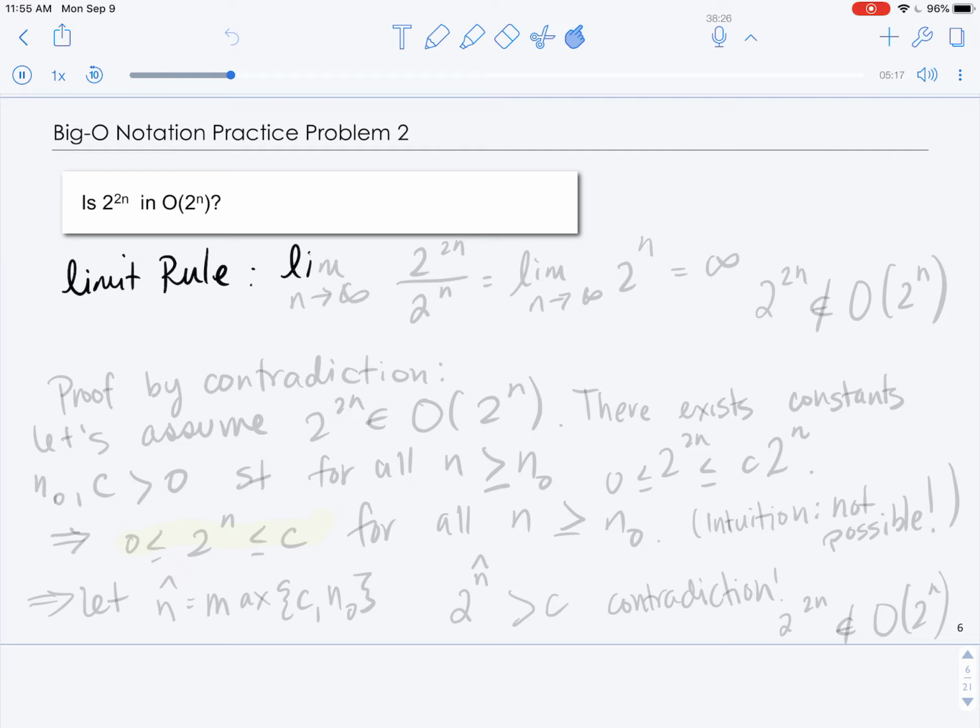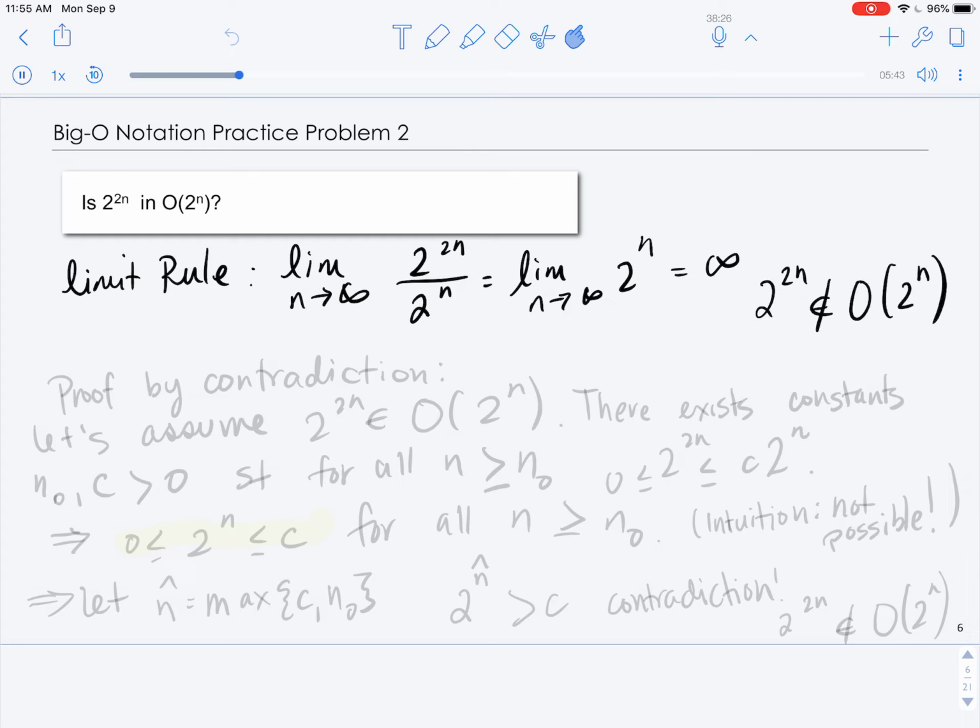So we're going to take the limit as n goes to infinity of 2 to the 2n divided by 2 to the n. When we do this, we get the limit as n goes to infinity of 2 to the n, which is infinite. So 2 to the 2n is not in big O of 2 to the n.